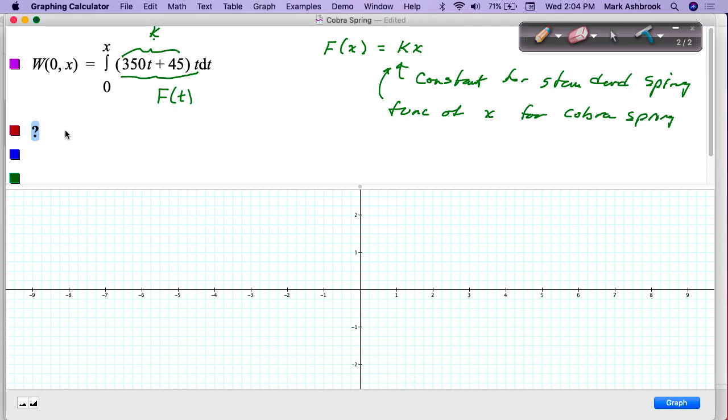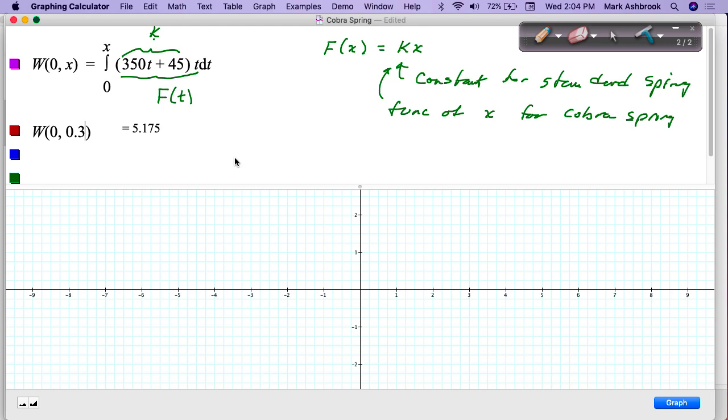What would the work be? What would I enter in? Yes, sir. That's right. So that's all the work it's going to take to push that spring flat, because we're displacing it 0.3 meters, the whole length of it. We're compressing it.